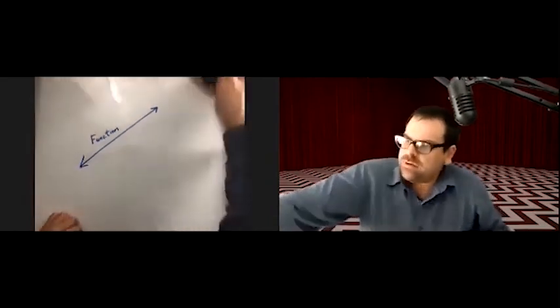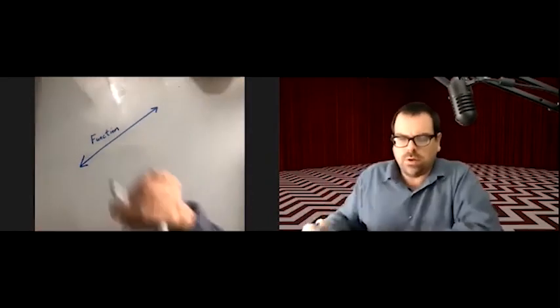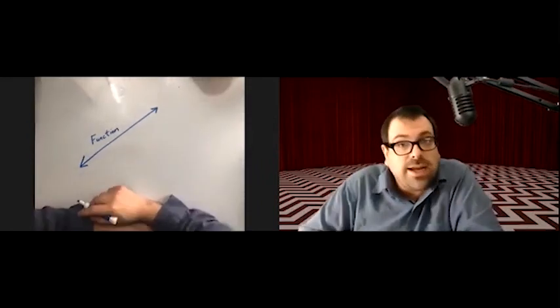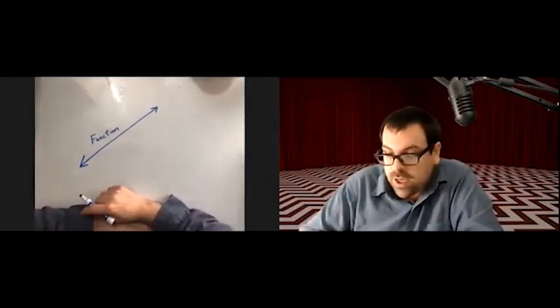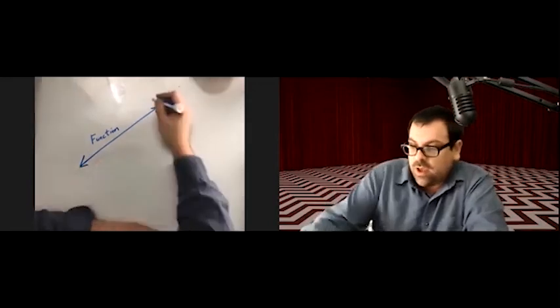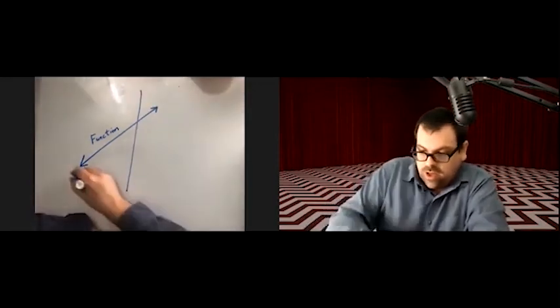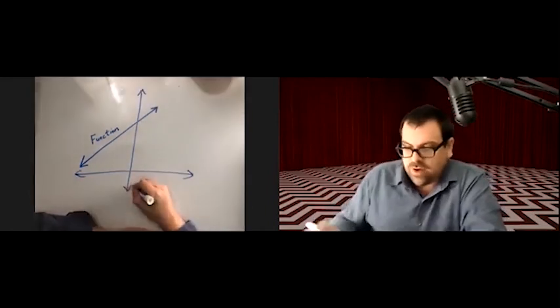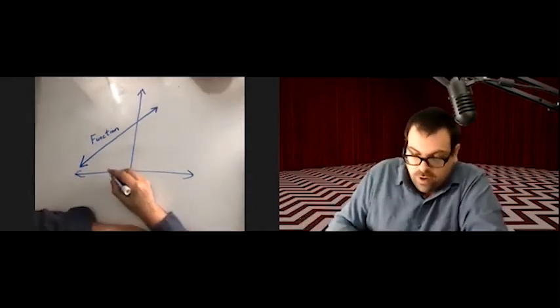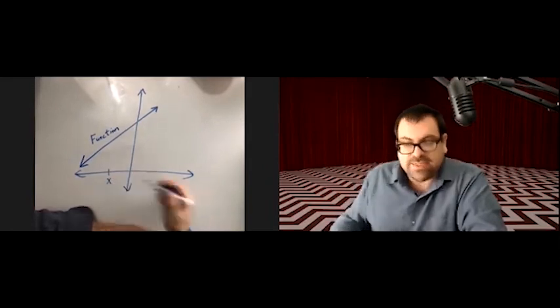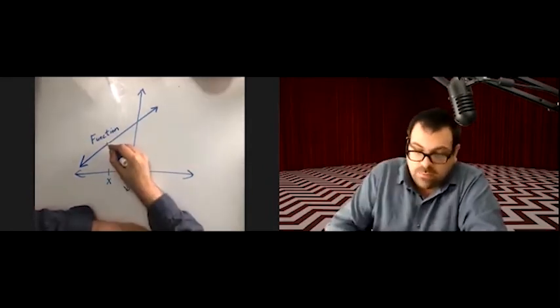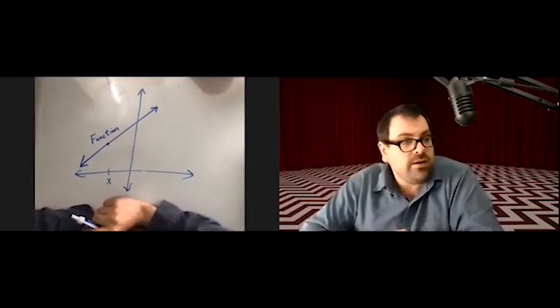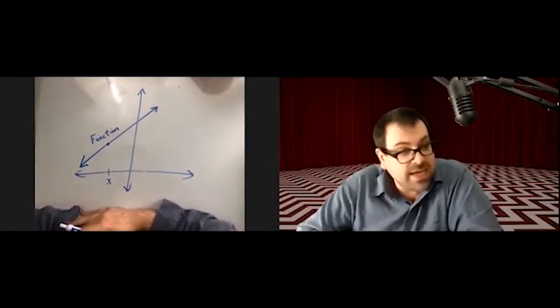A function has no repeating x values. In other words, if this were on a larger graph, for whatever this x value is here, there will be no more than one point on the line that satisfies that.